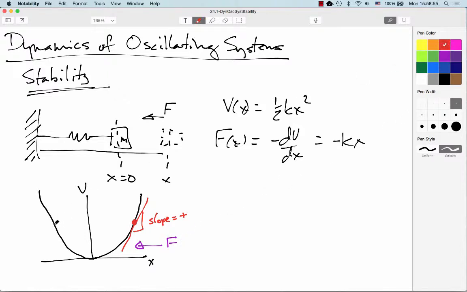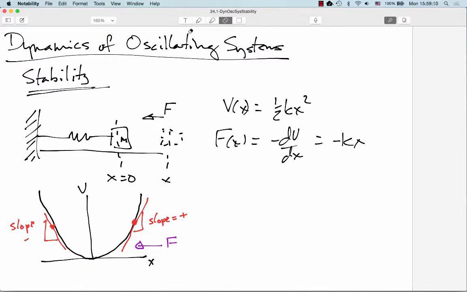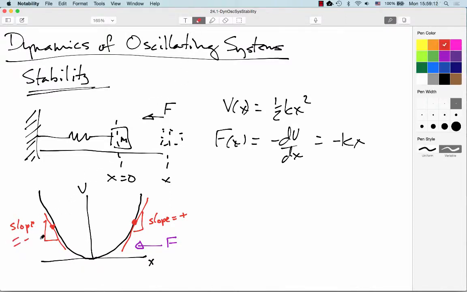By the same token, say if I'm over here somewhere, here I'll have a negative slope. So again, the force being the negative of that negative would be positive, which means that the restoring force would be pointing to the right.